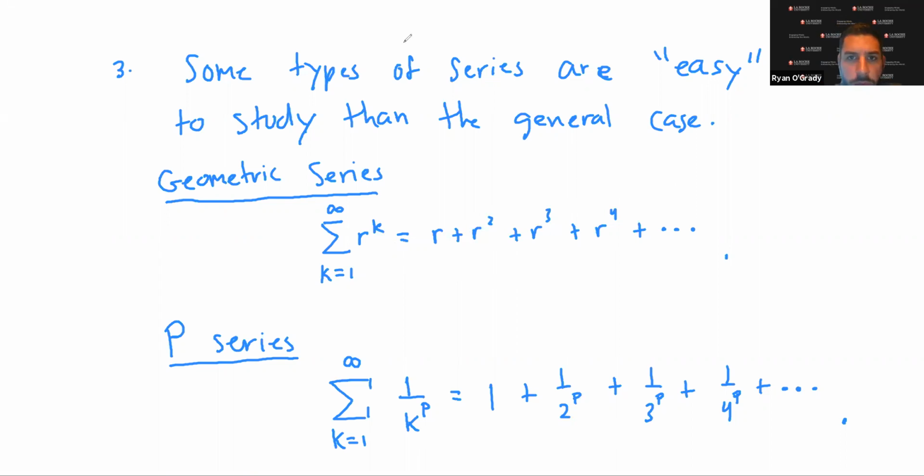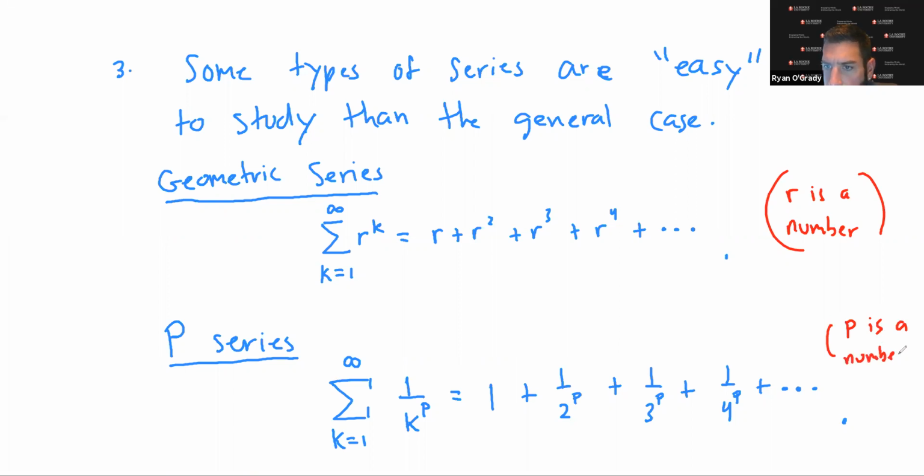So it's very important that you understand that here r is a number. And down here, p is a number. And depending on what either r or p are, we readily know right away whether it converges or diverges.